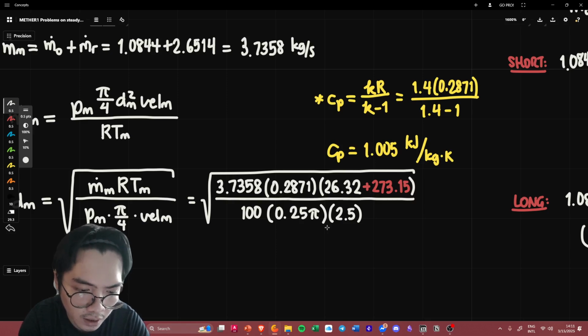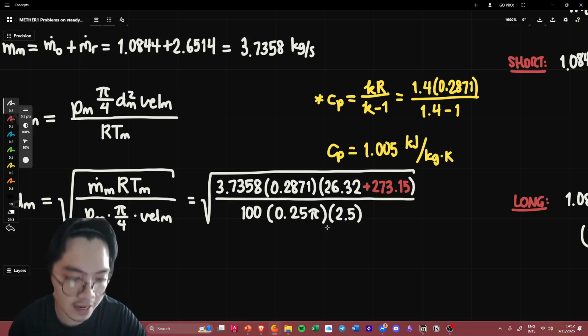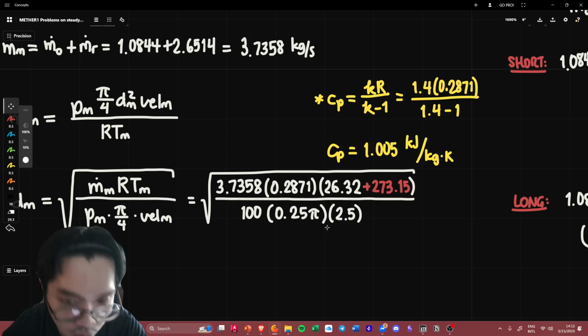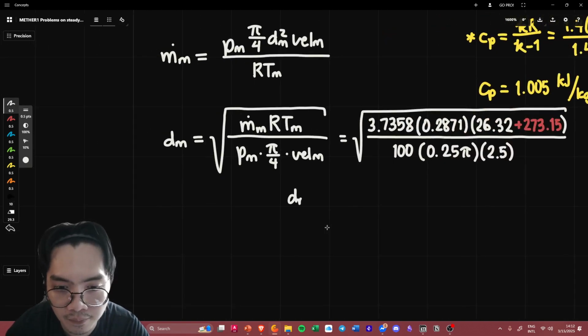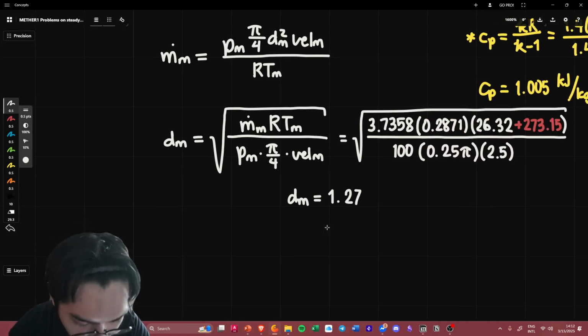So if you put all of this together, hold on, 3.7358 times 0.2871 times 26.32 plus 273.15 all over 100 times 0.25 pi times 2.5. That will give us a value of 1.2789, or 8998.